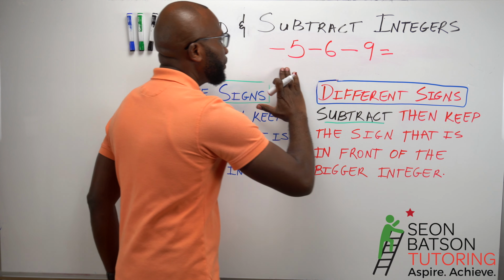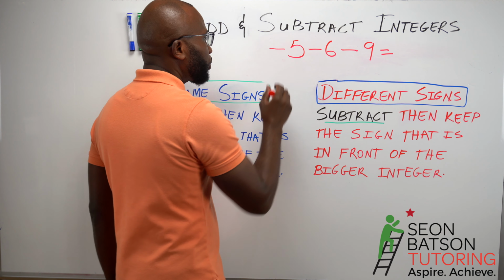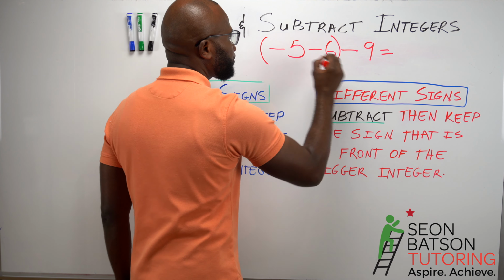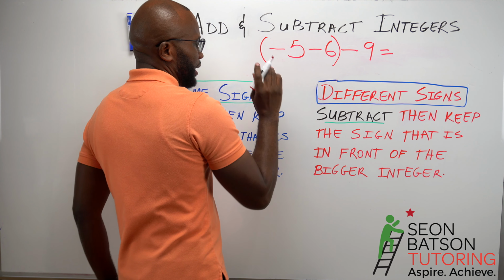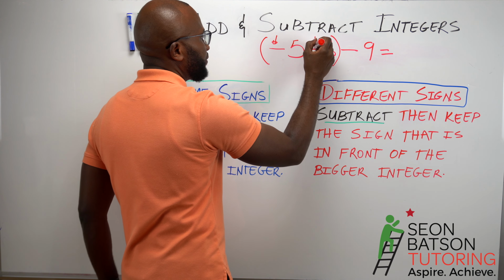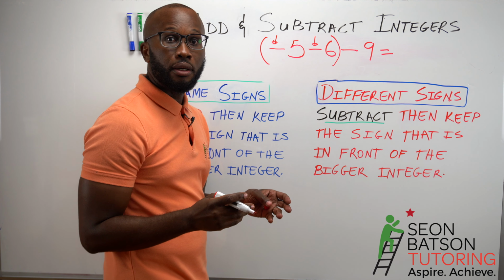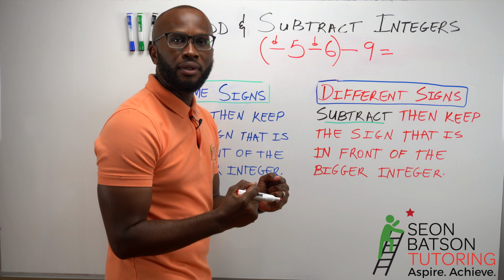So since we have 3 integers, remember the plan. We'll work with the first 2, 2 at a time. We will now examine the signs in front of the integers. Here we have a negative sign, here we have a negative sign. The signs are the same. Very good. And when they are the same, we are going to add.